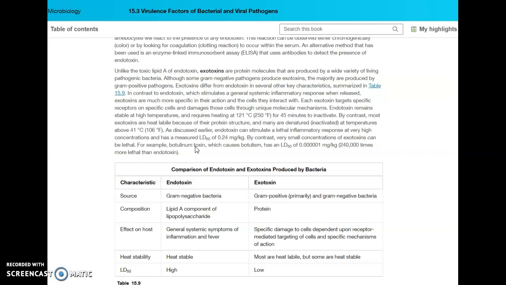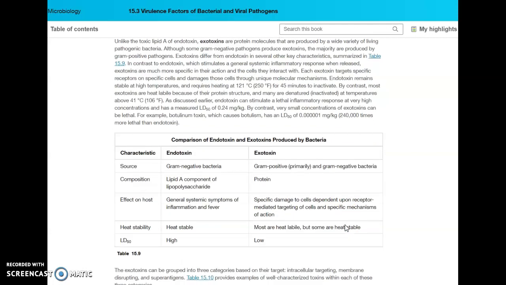Endotoxins typically take a larger concentration to cause damage, but exotoxins do not, and that's what's referred to here as our LD50, which is the lethal dose. And so you see here it's very low for a lot of our exotoxins. Botulinum toxin, for example, has an LD50 of 0.000001 milligram per kilogram. So that's a tiny, tiny amount that can cause death.